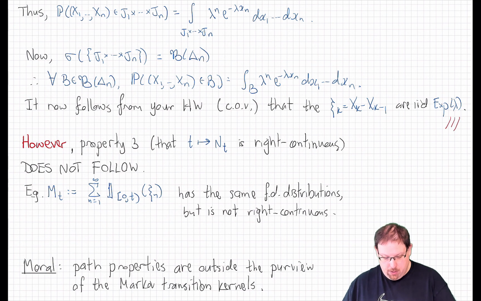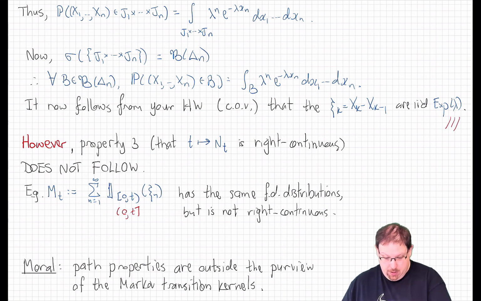Before, we took the interval open 0 up to closed t. Now, we're going to take this interval, where Cn is positive but strictly less than t. Then you can go through the calculations we did originally for the Poisson process to see that this thing has exactly the same finite dimensional distributions as our standard nt.